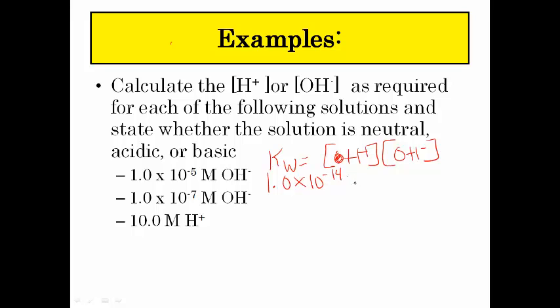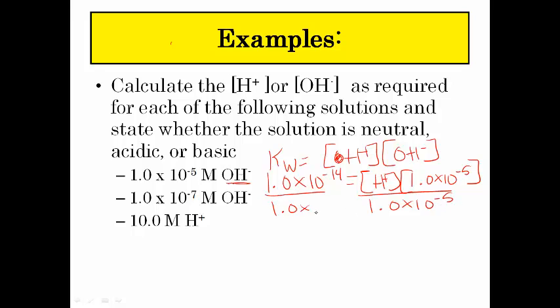In this first example, they've given us the OH concentration, so we can fill that in. We know that this is 1.0 times 10 to the negative 5th. So basically this is a division problem, and I can solve for H plus.